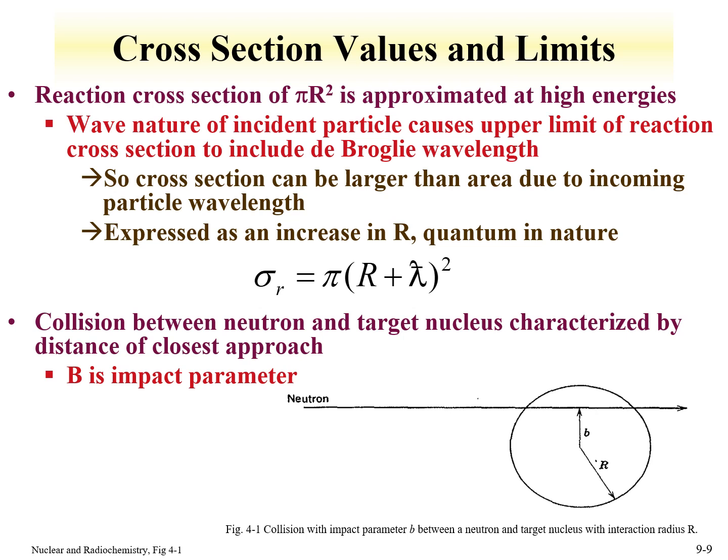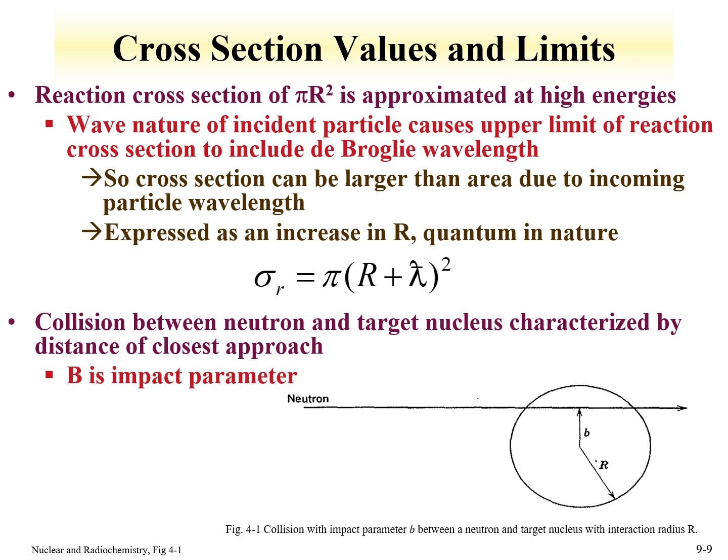The values for cross-sections as we look in the chart of the nuclides can be well under a barn to many thousands of times a barn. So that really raises the question, how can these values be so large, particularly if we discuss a reaction in terms of a particle impinging upon something the size of the nucleus? Well, this pi r squared cross-section, which is fundamentally close to a barn, is approximated at high energy.